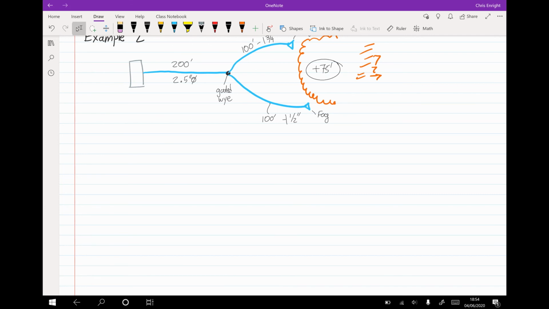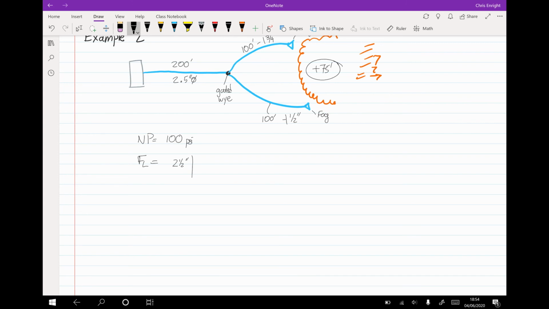Make sure I have the right sheet open. So, nozzle pressure, 100 psi, since these are fog nozzles. Friction loss, first piece, so the 2.5.